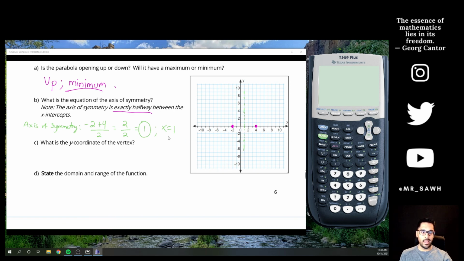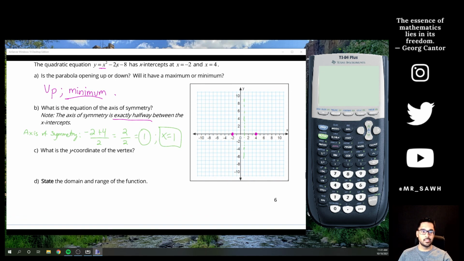Now if I know what the x-coordinate of my vertex is, I can find the y-coordinate by plugging that x into our equation. So if I know that my equation is y equals x squared minus 2x minus 8, we're going to put in x as 1.